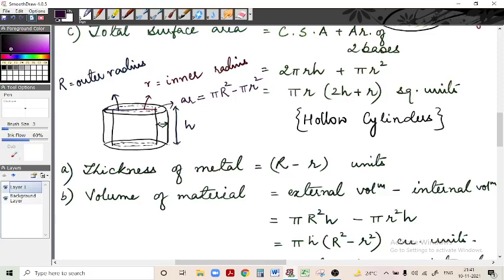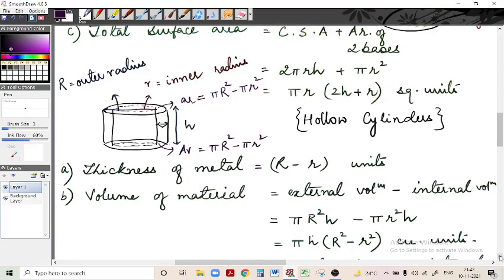Now the same thing is for the bottom part. So bottom part will also be area equals to pi R square minus pi r square. So when we add, we'll get twice of pi capital R square minus twice of pi small r square.